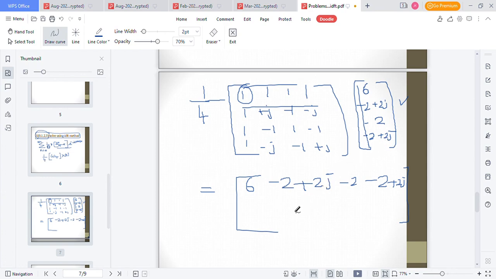If you do that, you're going to get your resultant like this. I'm going to write the whole total resultant, just a minute.